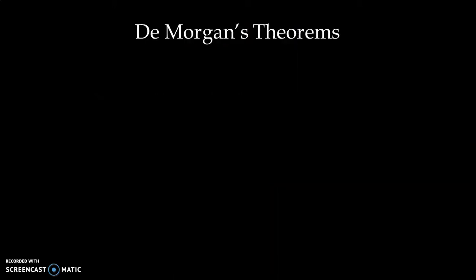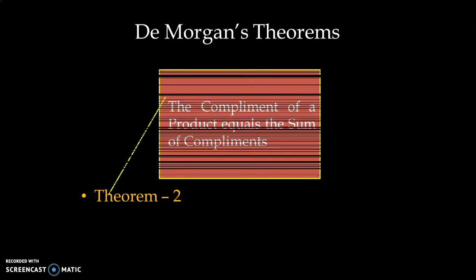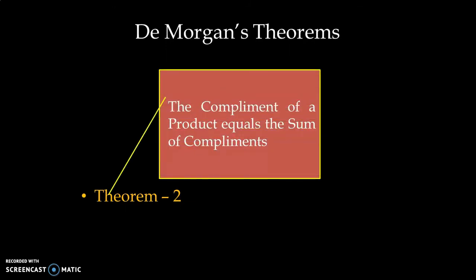We'll be using De Morgan's second theorem while implementing logic circuits with the help of NOR gates. Theorem 2 of De Morgan says that the complement of a product equals the sum of complements.